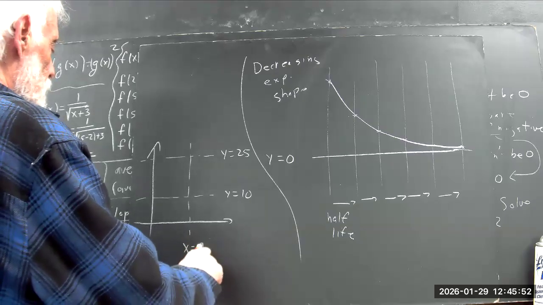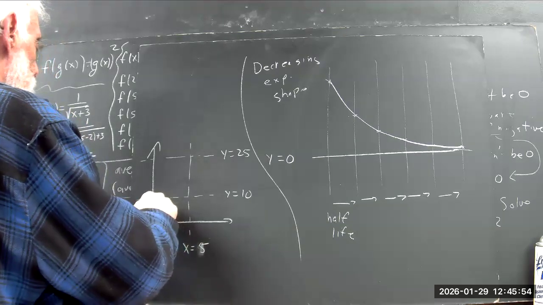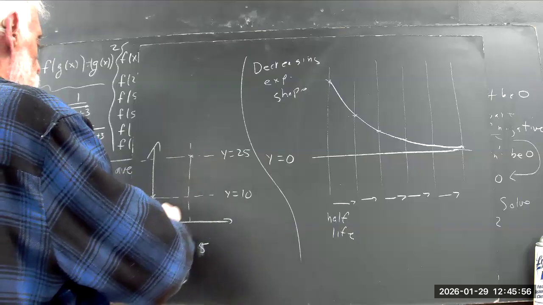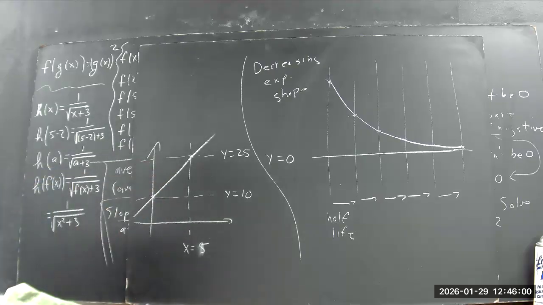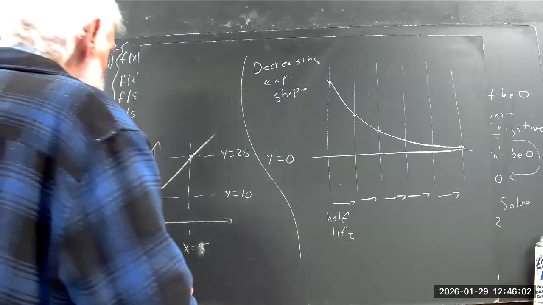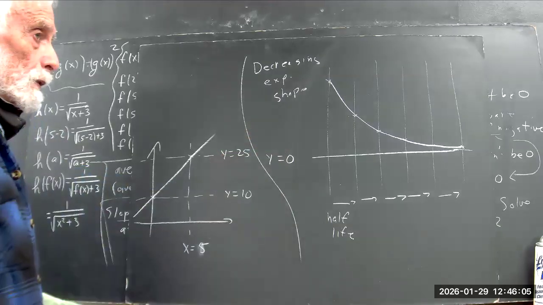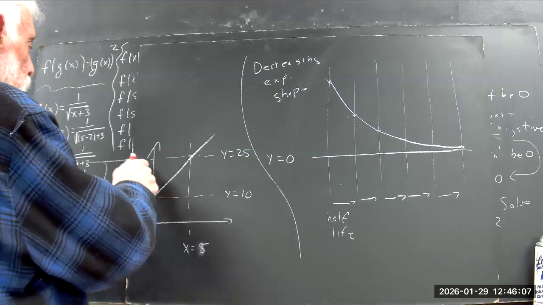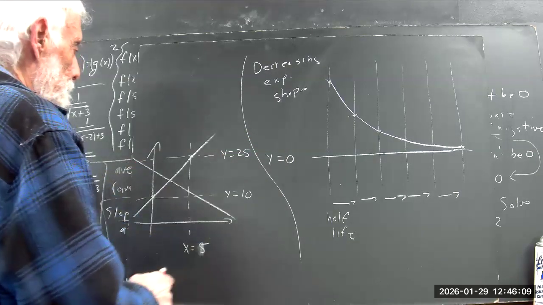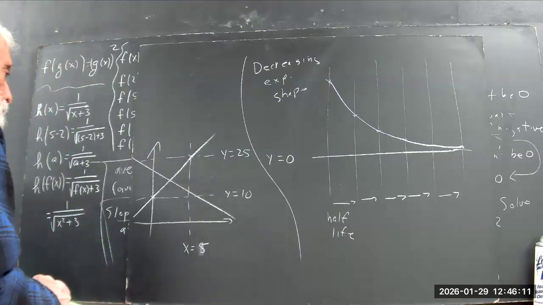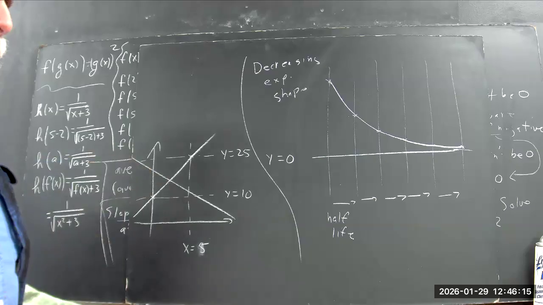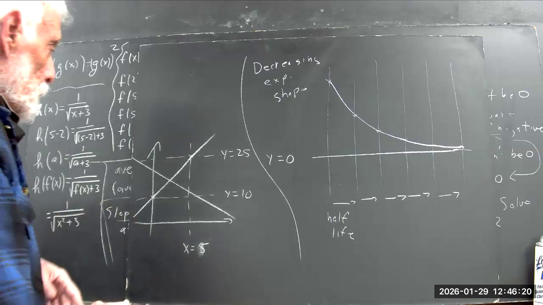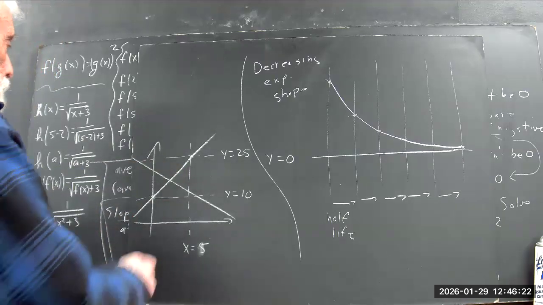Now make x equals 5, so the calculations are easy. Okay, there's a straight line. Now I just made this line up. And here's another straight line. Where do the lines cross? What's the x value where they cross, and what's the y value where they cross?